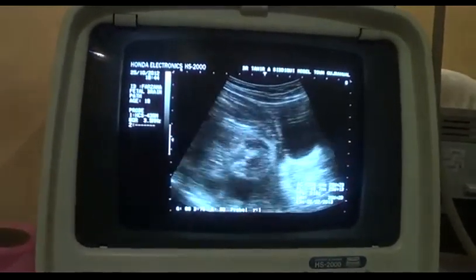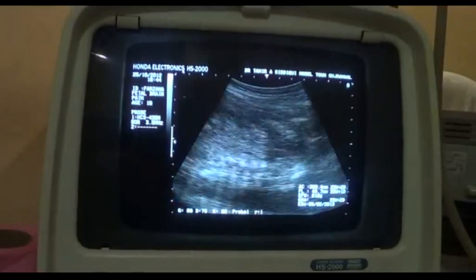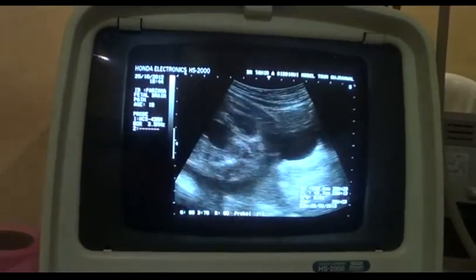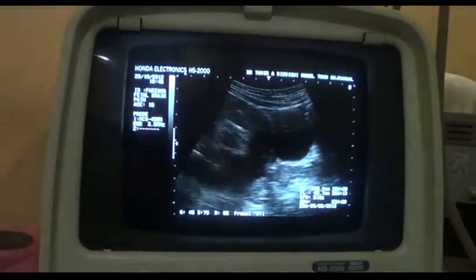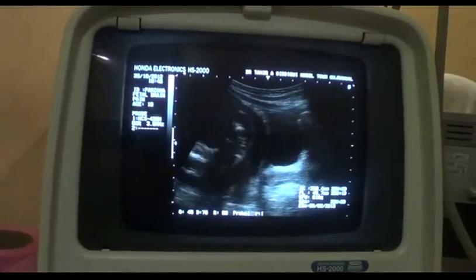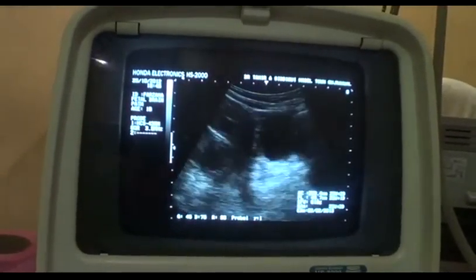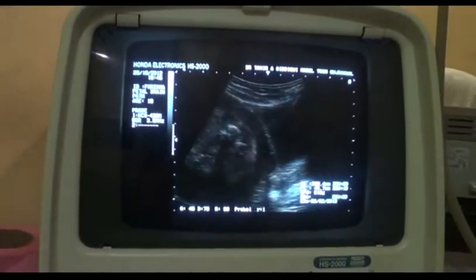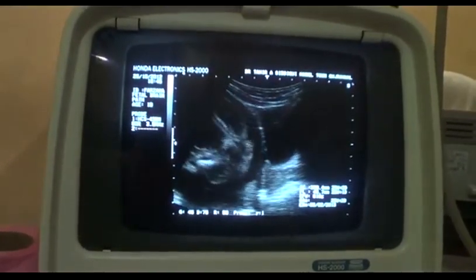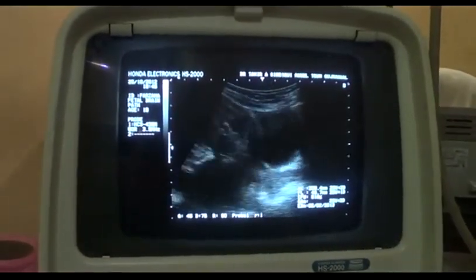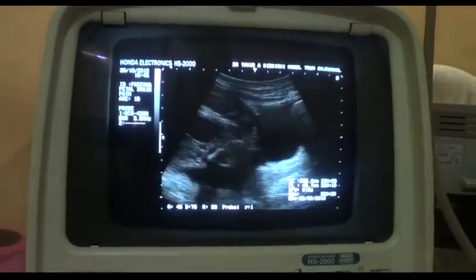suggestive of fetal distress. What is the cervix length? Now you see that I'm trying to get the cervix, and then we measure the cervical length.